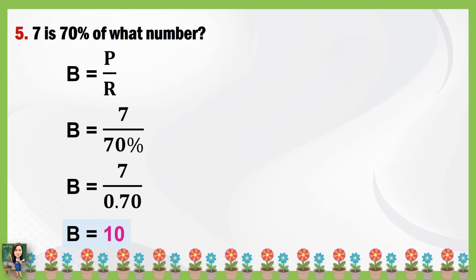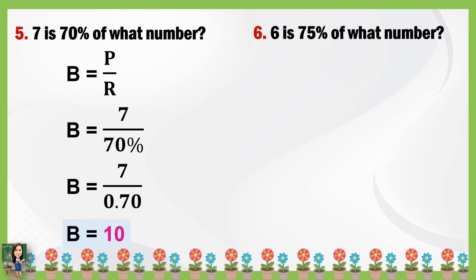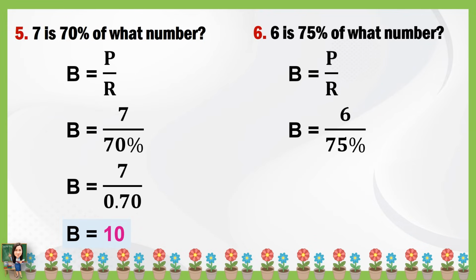The base is 10. Number 6. 6 is 75% of what number? Use this formula. Base equals 6 divided by 75%. In decimal, 75% is 75 hundredths. 6 divided by 75 hundredths equals 8.